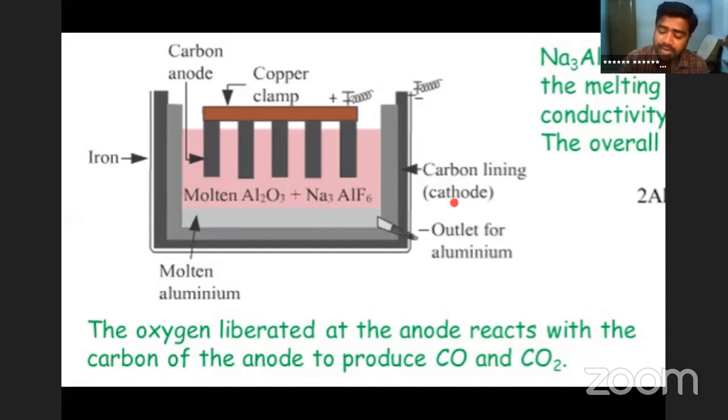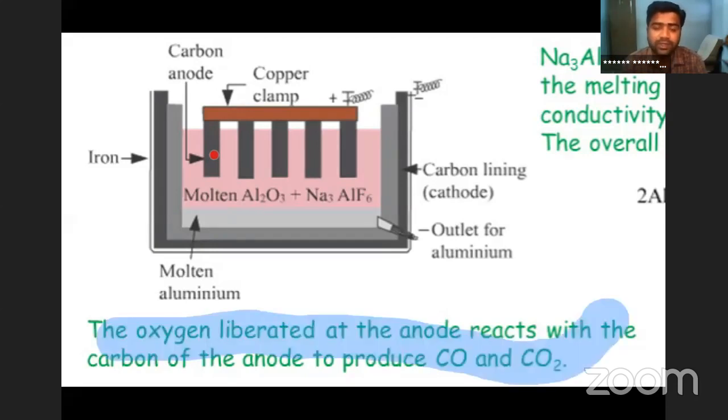This carbon lining itself acts as the cathode. Next, a bunch of graphite rods held by copper clamps are suspended in this electrolyte and act as the anode.